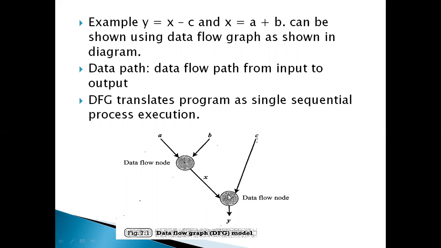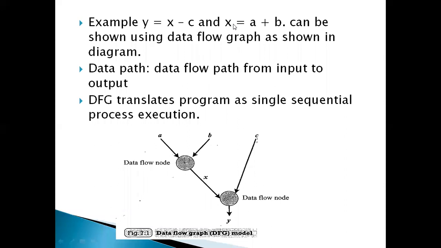Next that is given as an input to another circle, where c is subtracted from x. That gives you y is equal to x minus c, that is a plus b minus c.